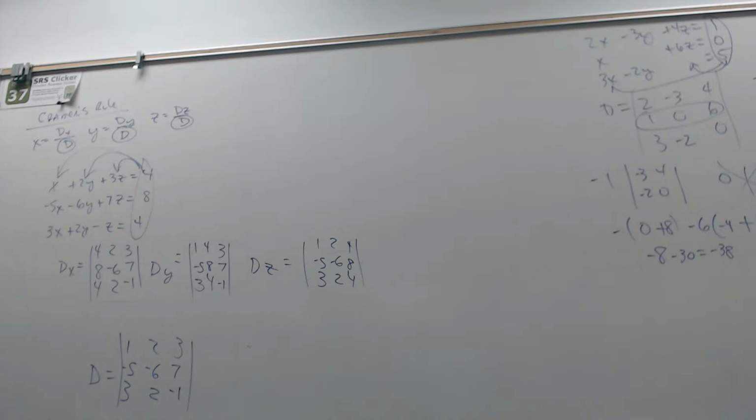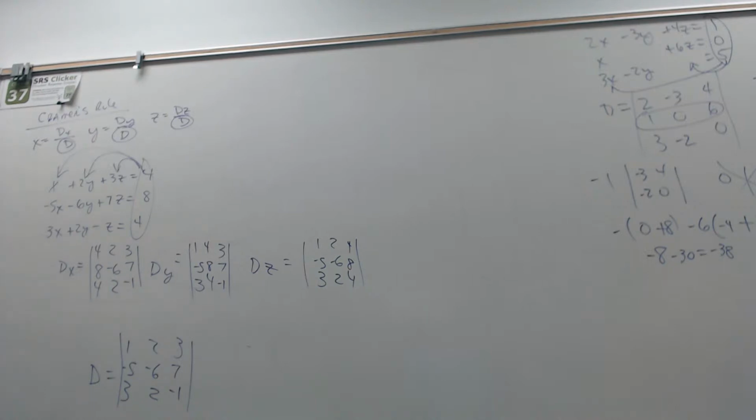Now, all we've got to do is figure out we've got 4 determinants to figure out. But we're going to turn those 4 into 12. So, Bailey, which one do you want to do? Let's start with DX.